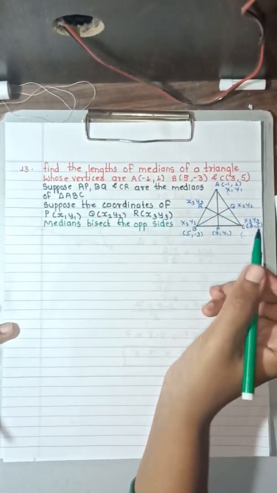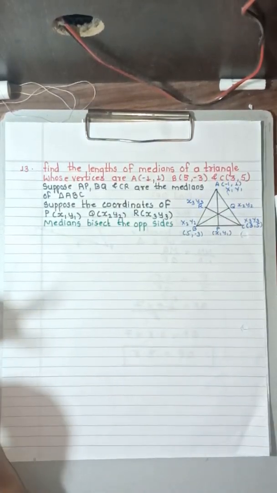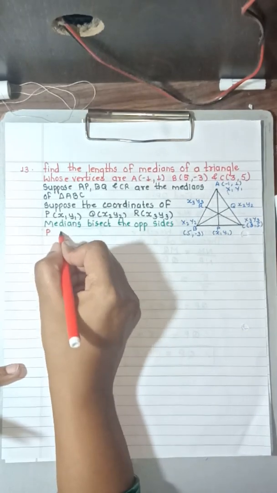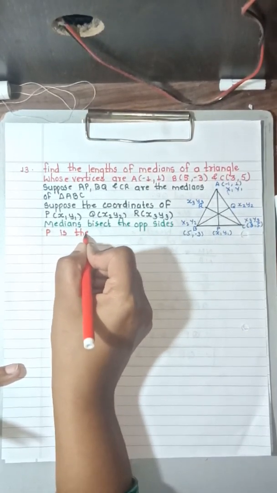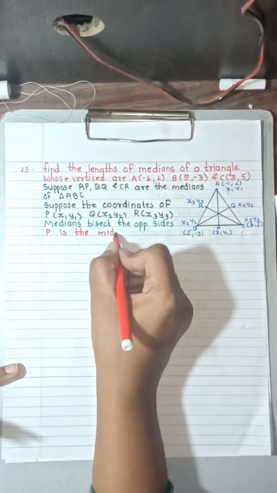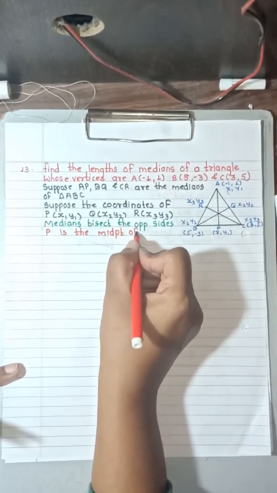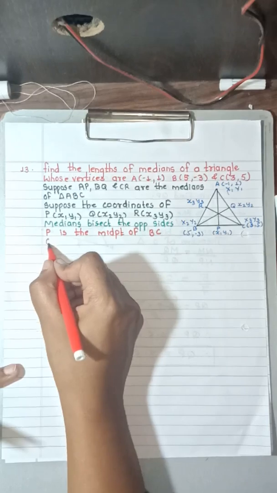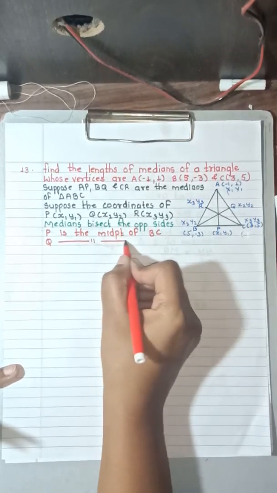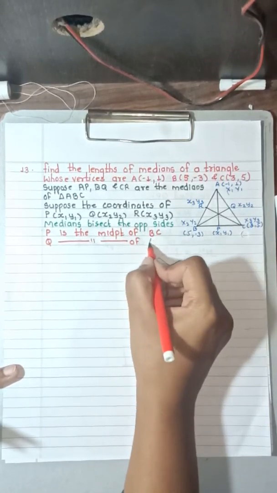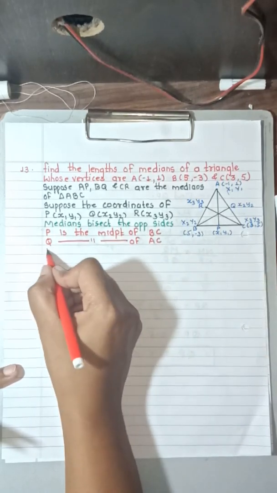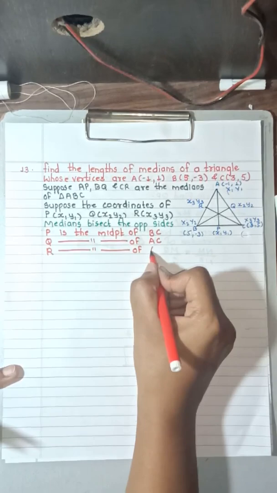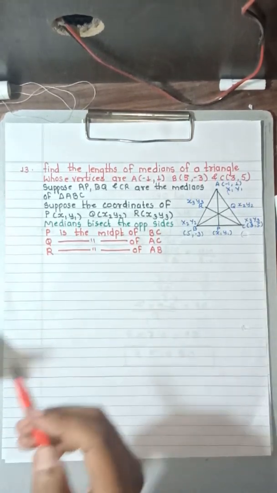Now as it bisects the opposite side, P will be the midpoint of BC. Similarly Q is the midpoint of AC and R is the midpoint of AB.